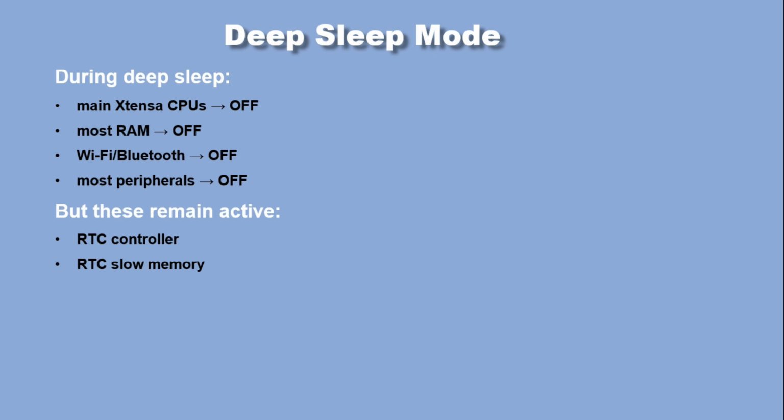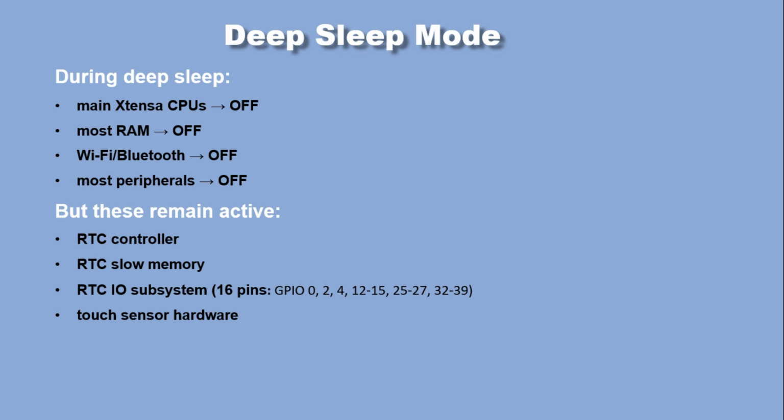Depending on the configuration, wake-up sources such as RTC timers, external GPIO signals, touch sensors, or the ultra-low power ULP coprocessor can remain active. When a wake-up event occurs, the ESP32 performs a full reboot rather than resuming where it left off.